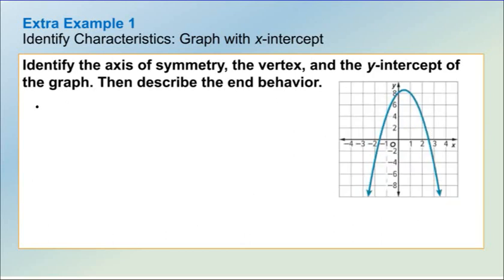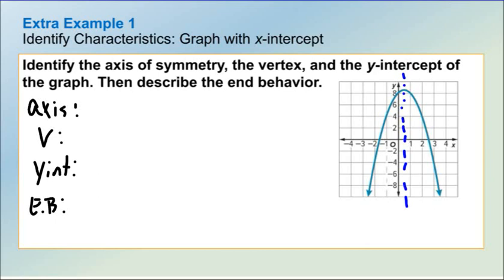Next, identify the axis of symmetry, the vertex, the y-intercept, and the end behavior. The axis of symmetry crosses through here. Halfway between 0 and 1 would be a half, so x equals 0.5. The vertex is at 0.5, and it's a little bit over 8, roughly 8.5.